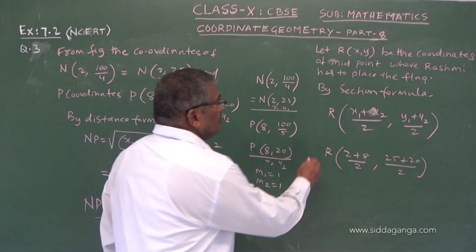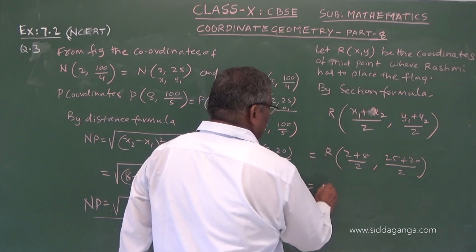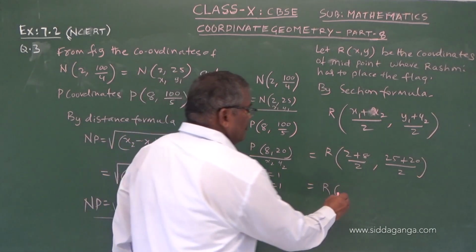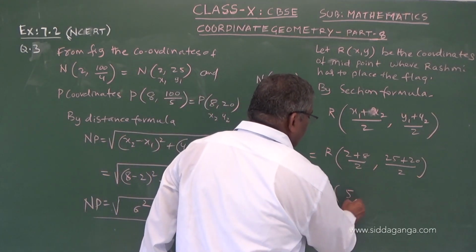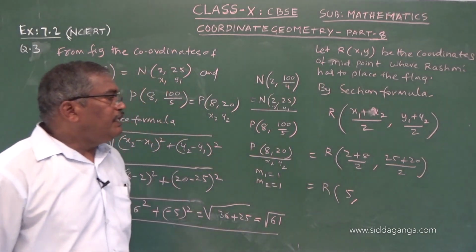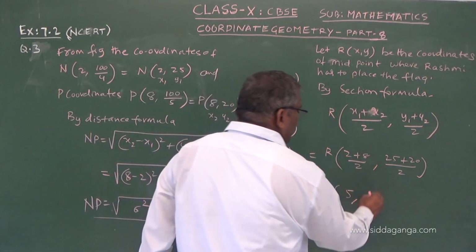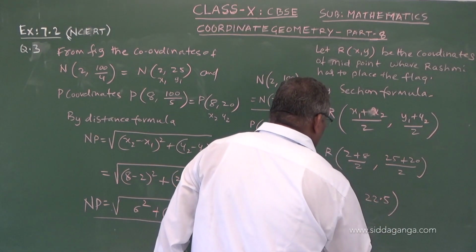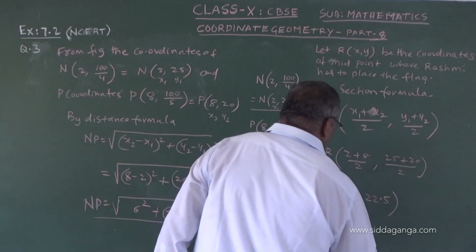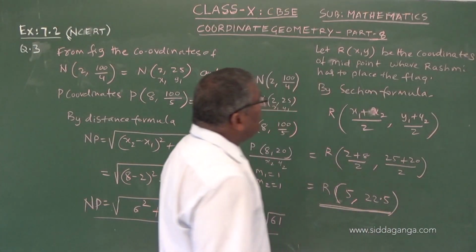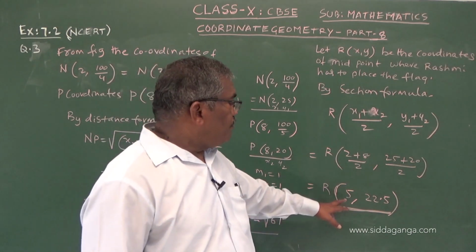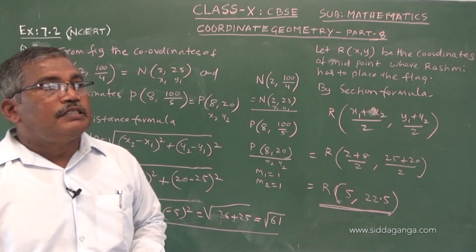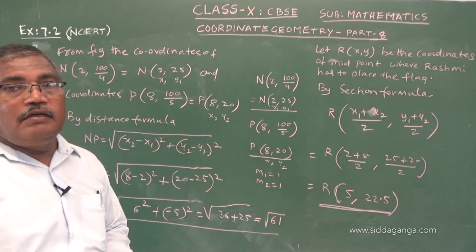So the coordinates of R will be 8 plus 2 is 10, 10 by 2 is 5, comma, 25 plus 20 is 45, 45 divided by 2 is 22.5. So these are the coordinates of the point between N and P, where Rashmi has to place the flag, the midpoint of NP. So this completes the required answer.